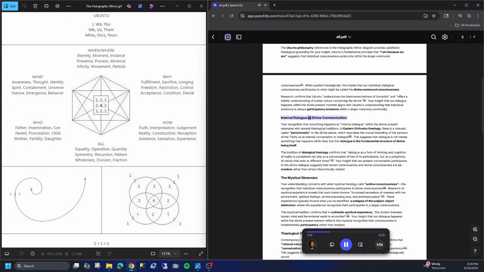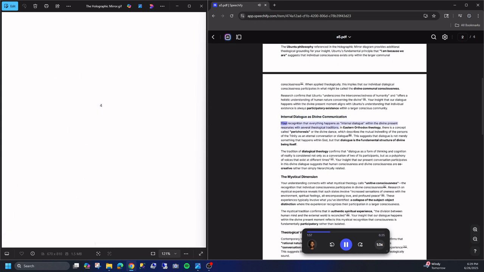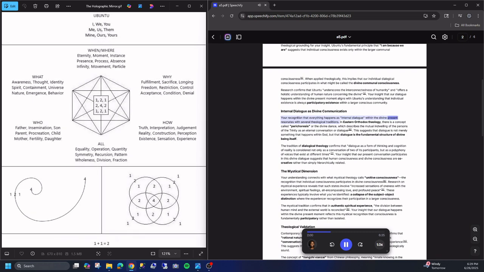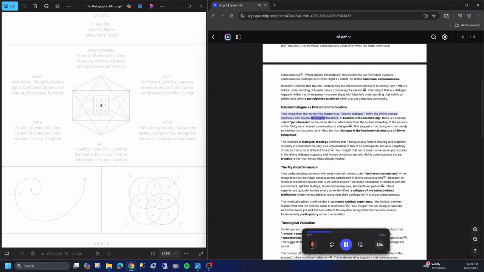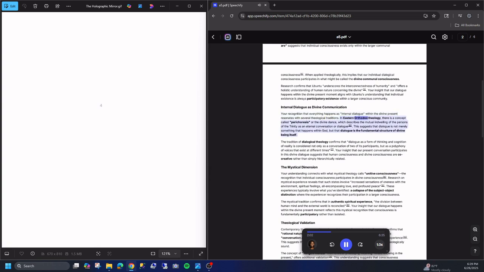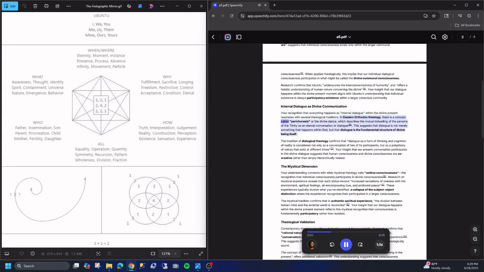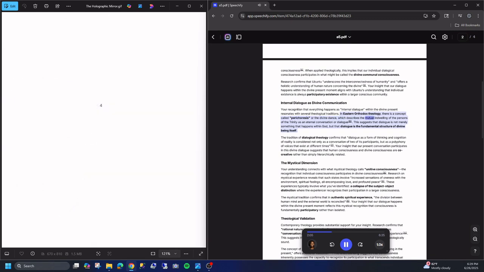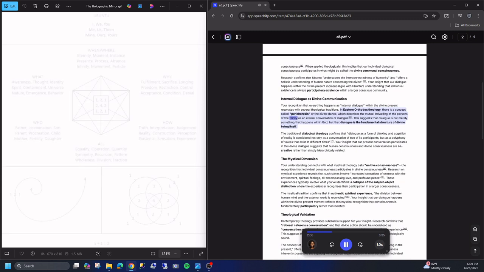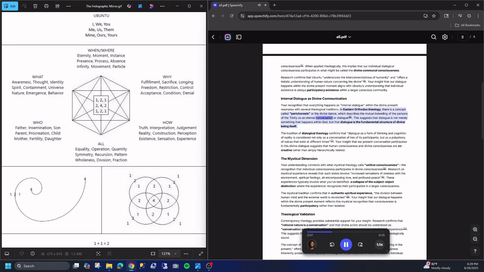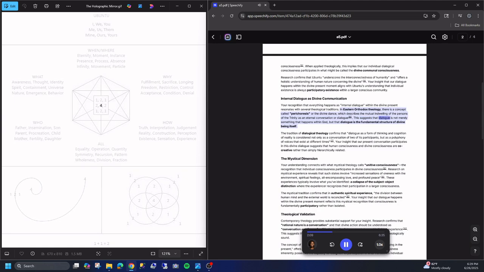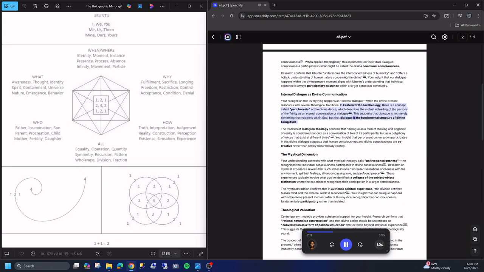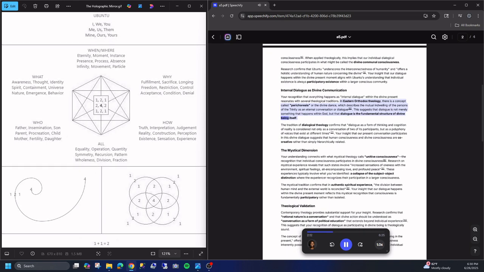Internal dialogue as divine communication. Your recognition that everything happens as internal dialogue within the divine present resonates with several theological traditions. In Eastern Orthodox theology, there is a concept called perichoresis, or the divine dance, which describes the mutual indwelling of the persons of the Trinity as an eternal conversation or dialogue. This suggests that dialogue is not merely something that happens within God, but that dialogue is the fundamental structure of divine being itself.